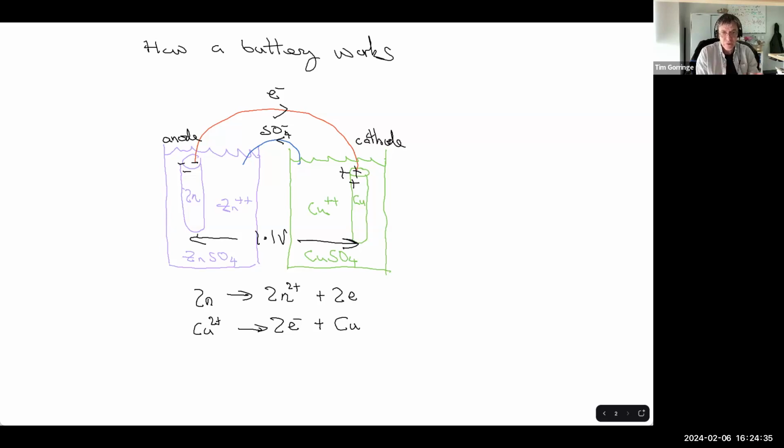These 2 reactions are creating, because of their energetics, because of the different energies released or gained by adding or removing electrons for zinc and copper, a 1.1 volt potential difference between the anode and the cathode. And that's the potential hill that causes the electrons to flow, causes the current to flow between the 2 electrodes.